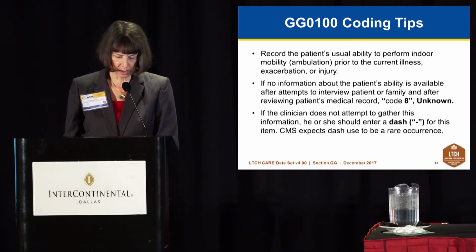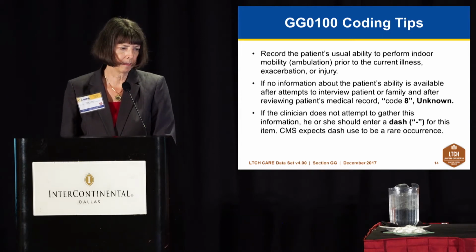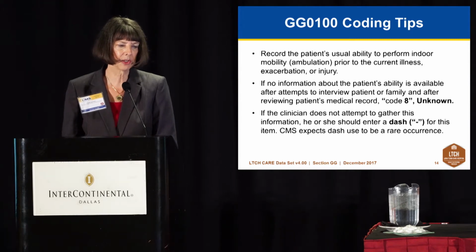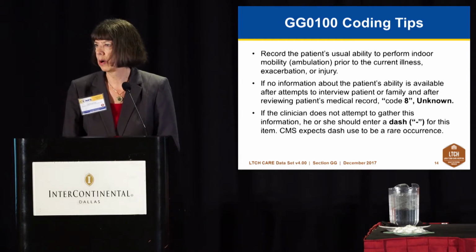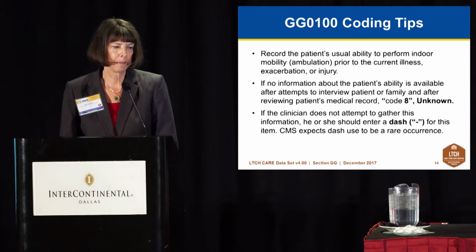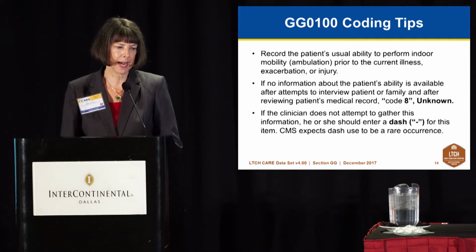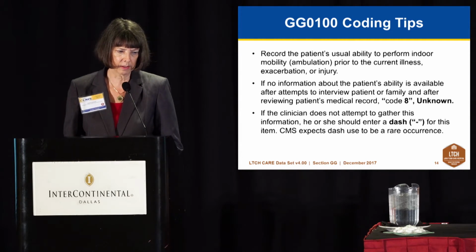And if no information about the patient's ability is available after attempts to interview the patient or family, and after reviewing thoroughly the patient's medical record, you would code 8 unknown. If the clinician does not attempt, for whatever reason, to gather this information, then you would use the dash for this item, and of course CMS expects dash use to be a rare occurrence.